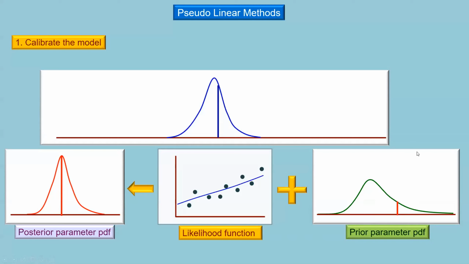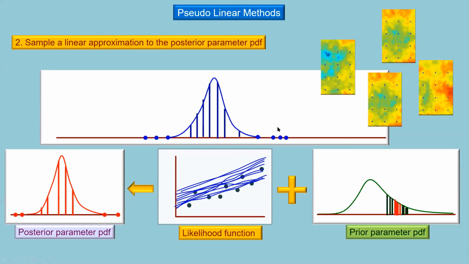And if we've calibrated and if we've got a good Jacobian matrix, this is relatively easy to do. So here we are, coming back to our schematic. We've just found this sample from the prior parameter probability density function. We've got a good fit with the field data. We've got parameters of minimum error variance. We sample our linear approximation to the posterior parameter probability density function. We're still in the right region of parameter space.